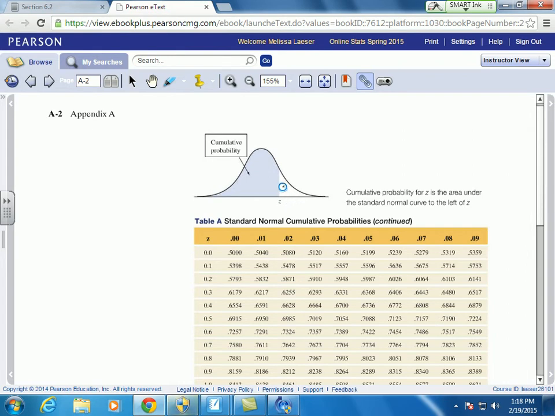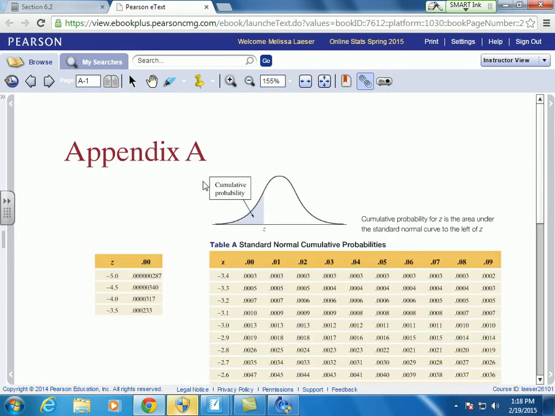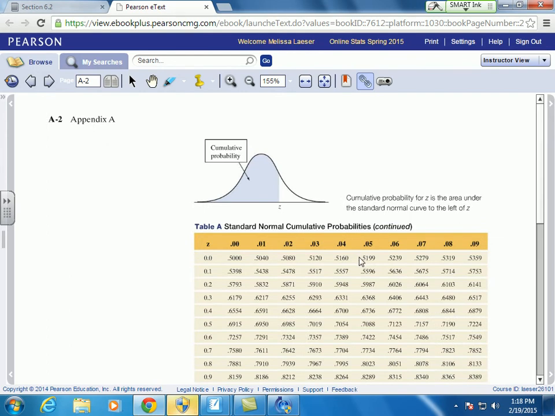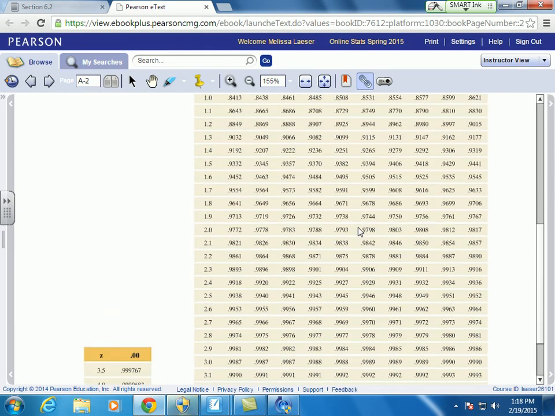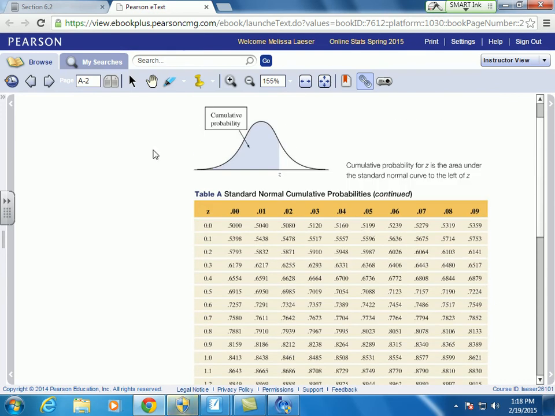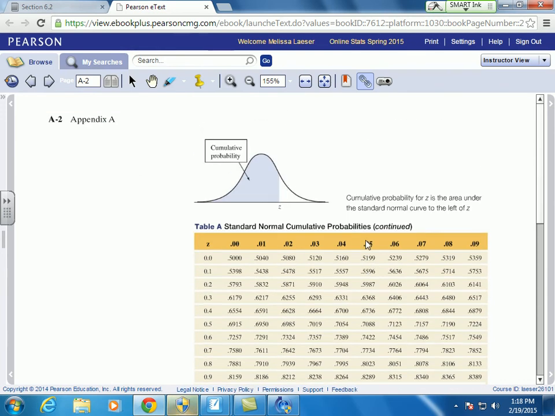This little white part here is the same as the shaded part on this one. So it's just like the opposite tables, and you can use them for whatever is easiest for you to do these problems.